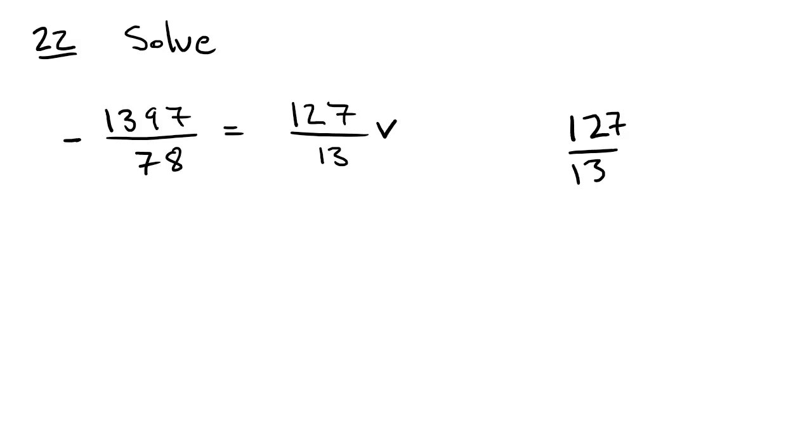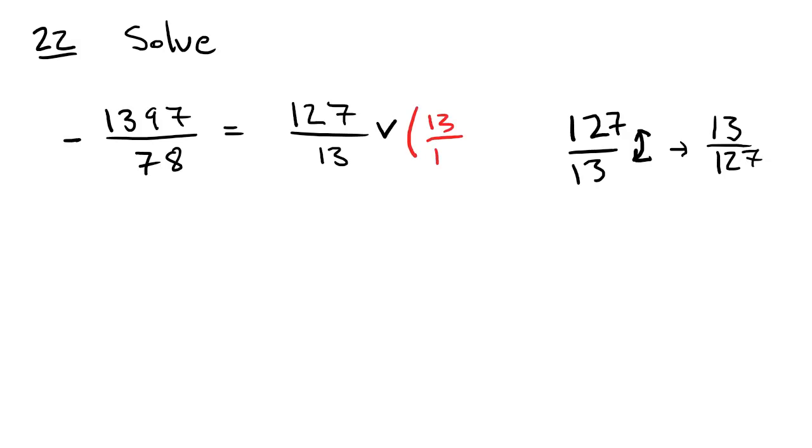How do you find the reciprocal of this fraction? Just flip it. Take what's on the numerator and put it on the denominator, and take the denominator and put it on the numerator. So 13 over 127 is what we multiply both sides by.